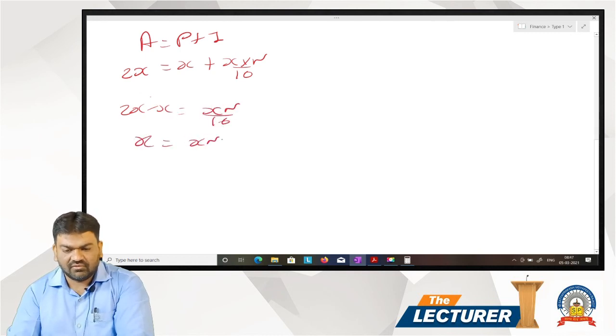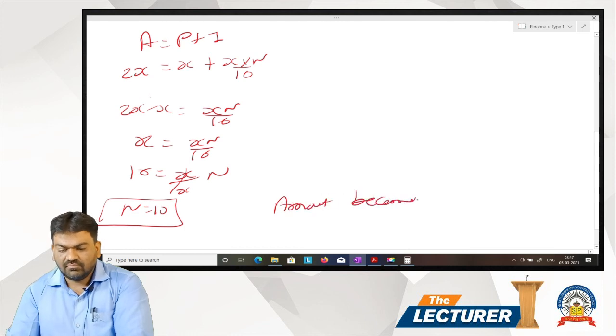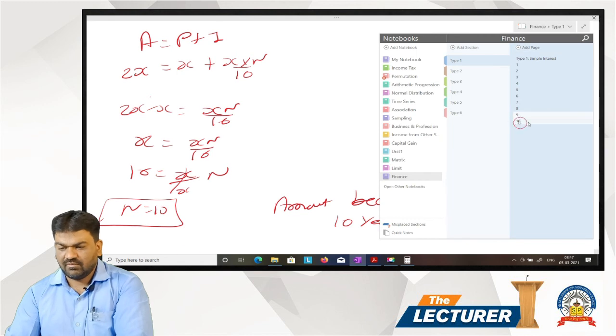X is equal to xN divided by 10. 10 goes to the other side, x gets divided, is equal to N. So N is equal to 10. Amount becomes double in 10 years. This is your answer.